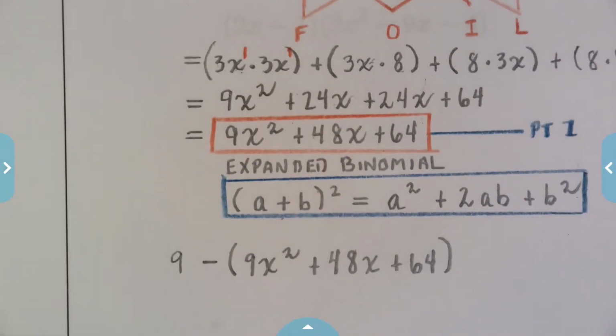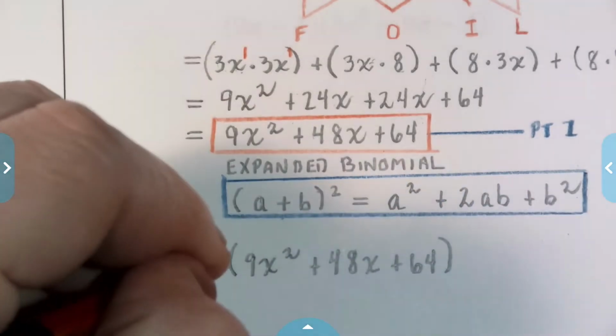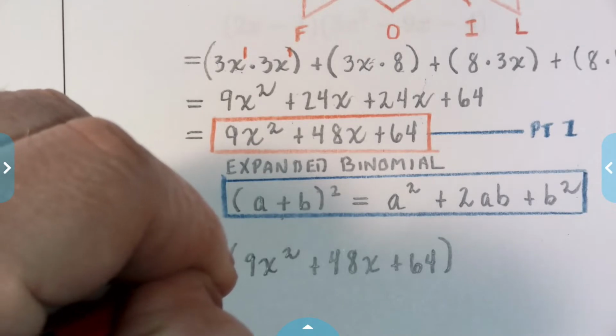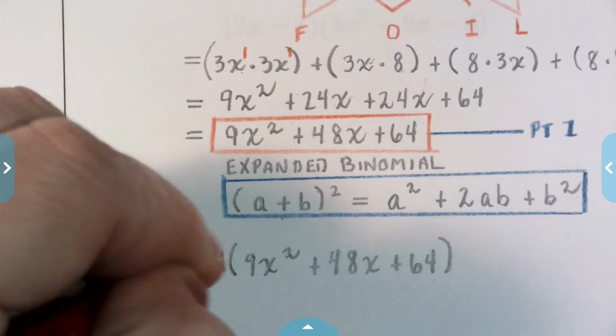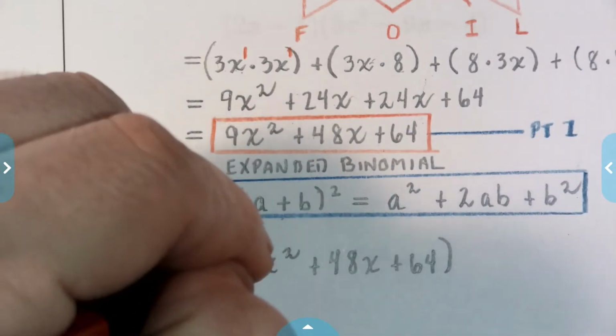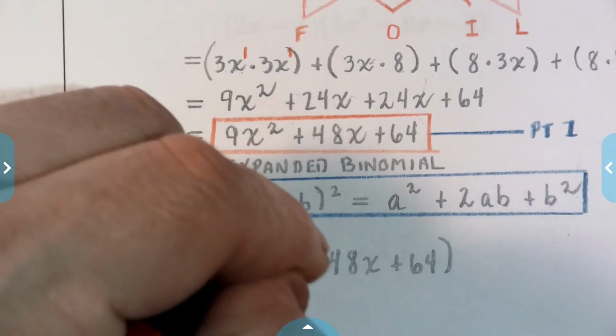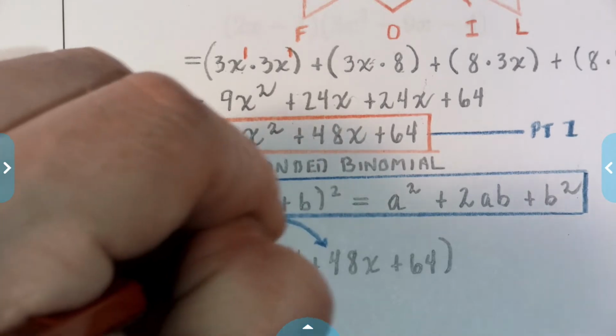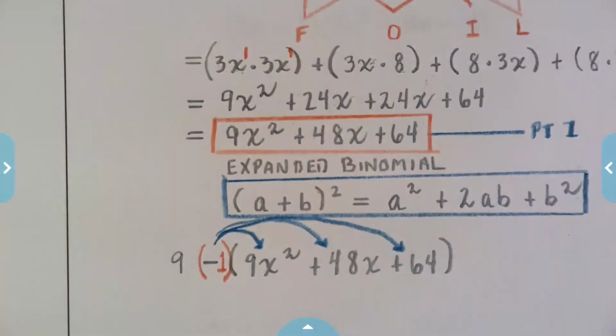Now, do you see where the mistake is going to come in? Big mistake if you don't think, okay, this is a -1, and I'm going to multiply that -1 to each of these terms. And all you're doing is changing the sign, okay?